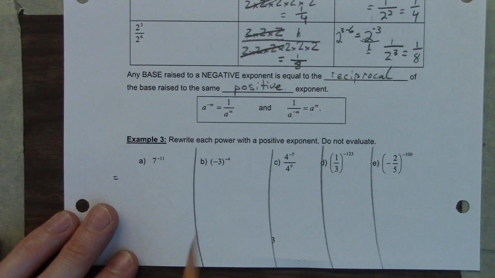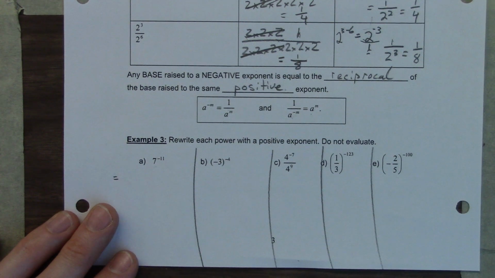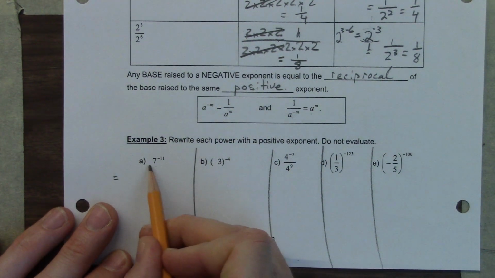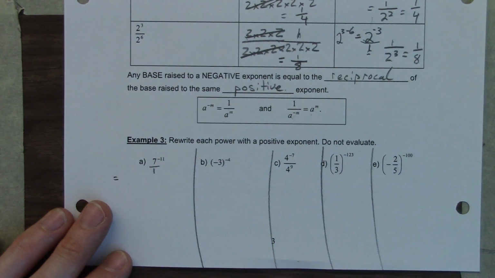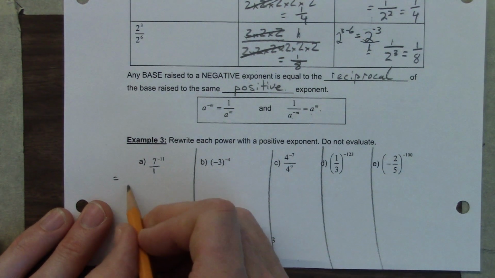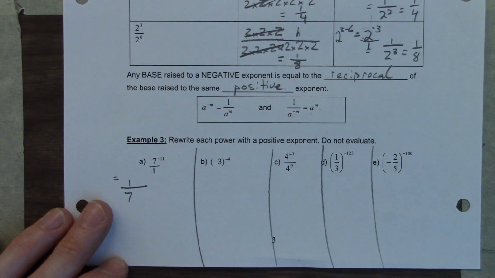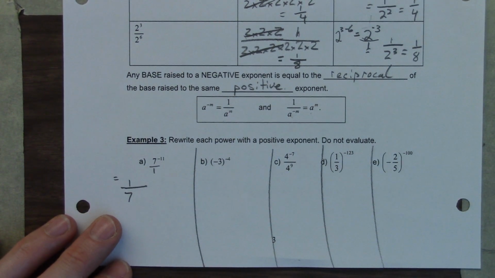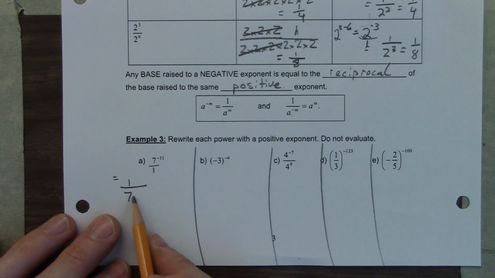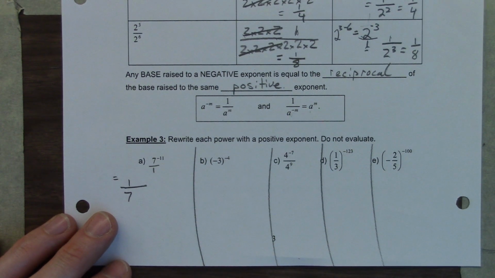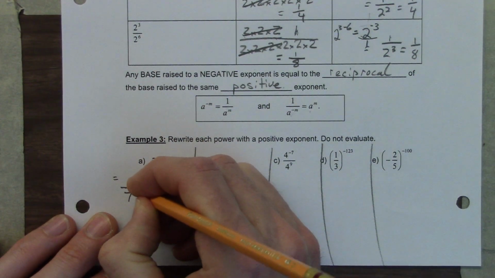Nope, not negative 7. We're not changing the sign. We're flipping it. So what is 7 over 1 flipped? What's the reciprocal? 7? Yeah, 1 over 7. And then what's 7 raised to down here? Sorry? What's the exponent here? 7. Sorry? Oh, 11, sorry. Come on, man, you got to pay attention.